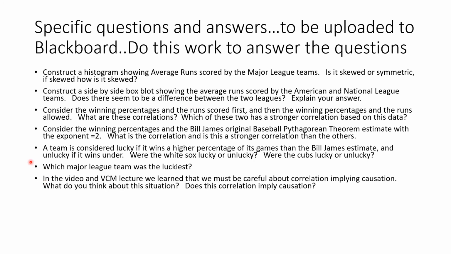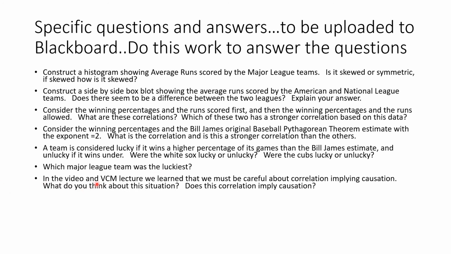A team is considered lucky if it wins a higher percentage of its games than the Bill James estimate, and unlucky if it wins fewer. Were the White Sox unlucky or lucky that year? Were the Cubs lucky or unlucky that year? Of all the major league teams, which was the luckiest?